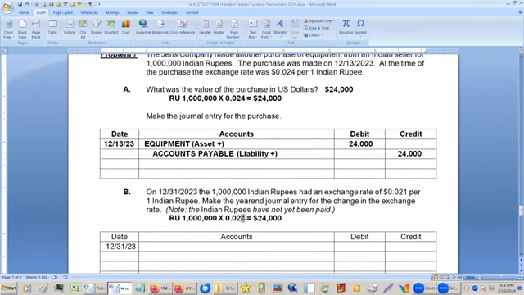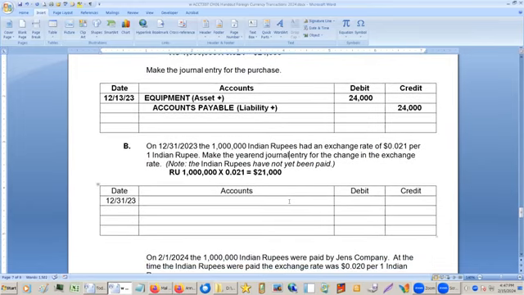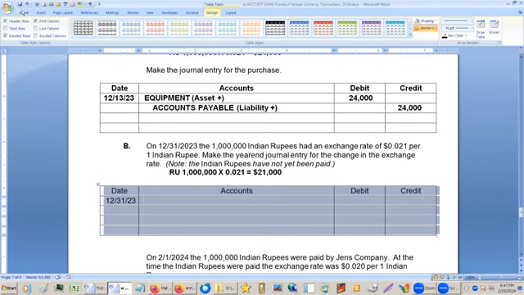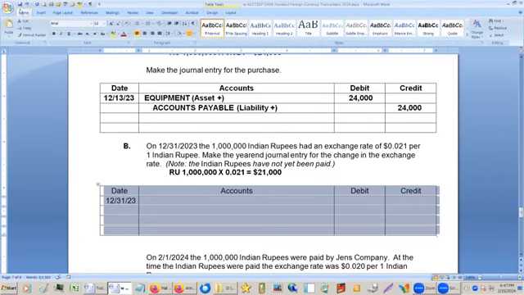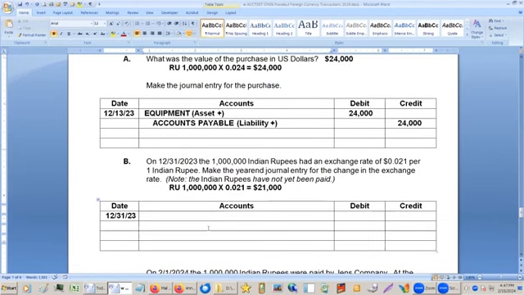Okay, the new exchange rate for rupees is 21. And this is at year end. So, what's the journal entry going to be? Accounts payable and translation loss.